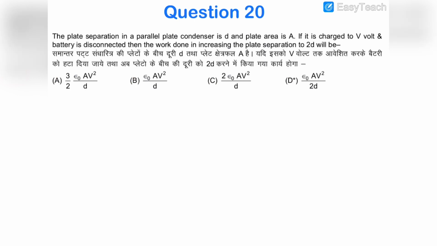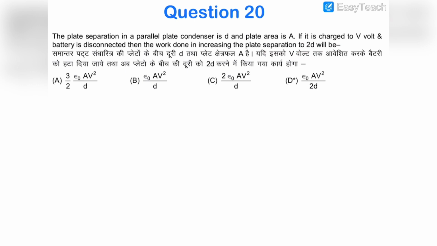In this question, you can see that the plate separation in a parallel plate capacitor is D, and the plate area is A. If it is charged to a potential V and the battery is disconnected, then the work done in increasing the plate separation to 2D would be.